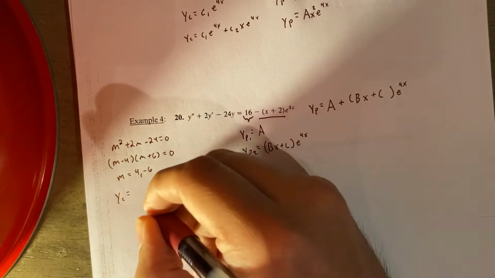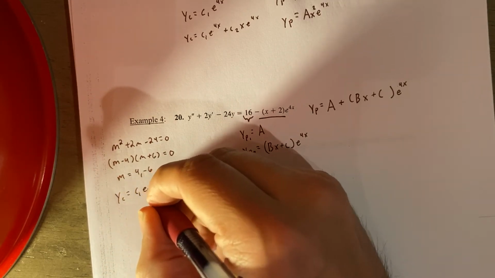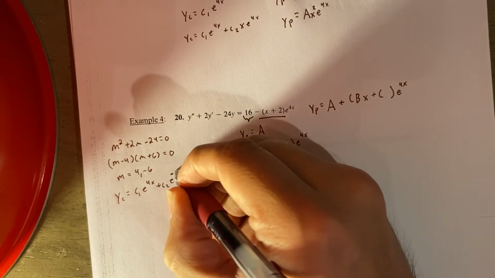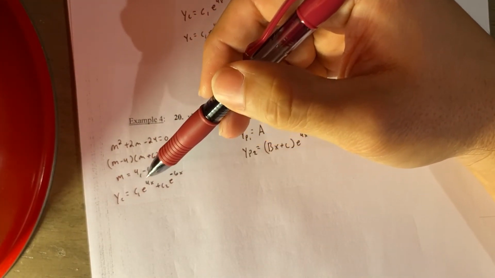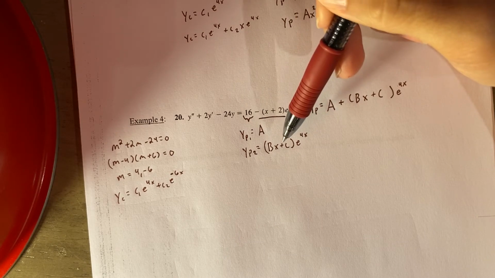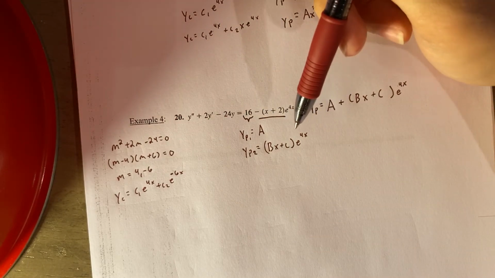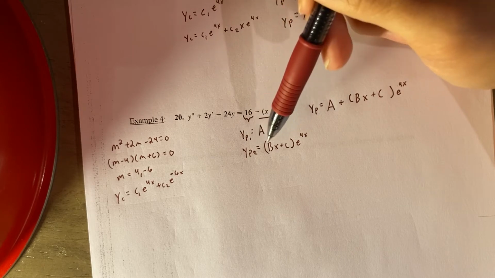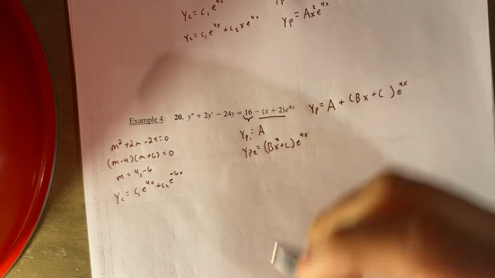So y sub c is going to equal c sub 1 e to the 4x plus c sub 2 e to the negative 6x. And so then I'll look to see if anything will duplicate. And yes, I already have an e to the 4x over here. When I distribute this, it's going to be c e to the 4x, and it's going to look very similar to this one over here. And so what I'm going to do is, because I already have the solution, I'm going to multiply the inside of here by x. That way I don't have a repeated solution.